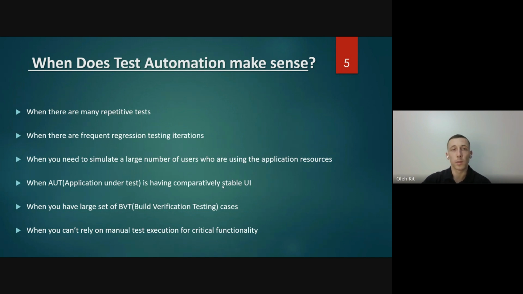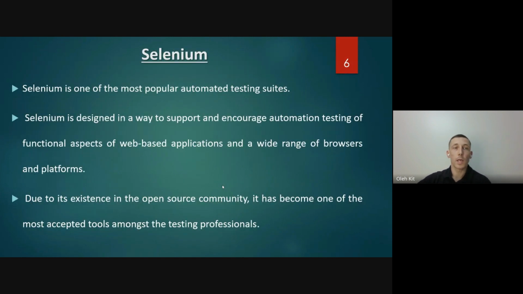So better to use test automation, which in most cases works reliably. Automation can be done on a different variety of applications, but today we speak about Selenium. It's one of the most famous automation platforms.